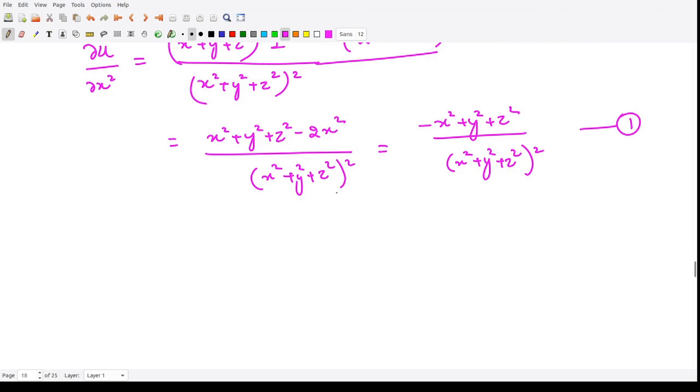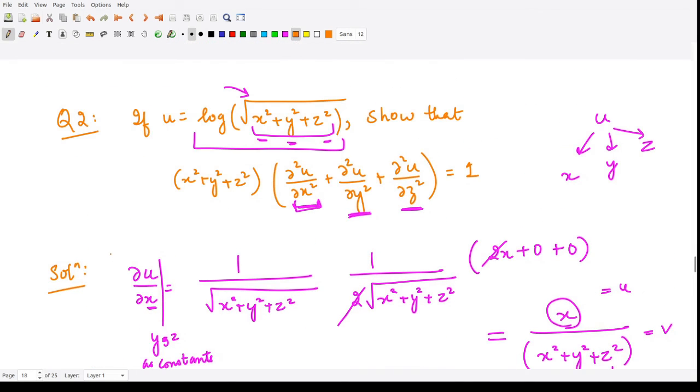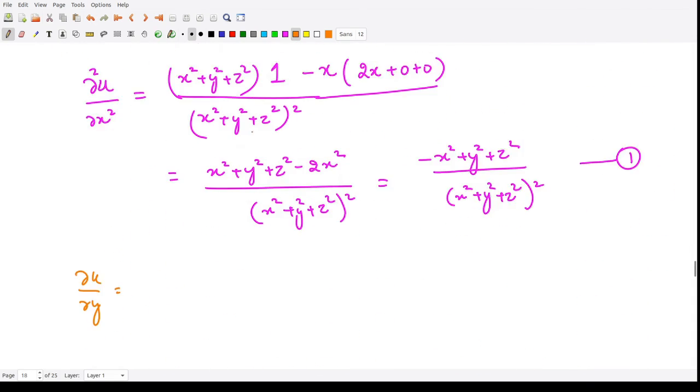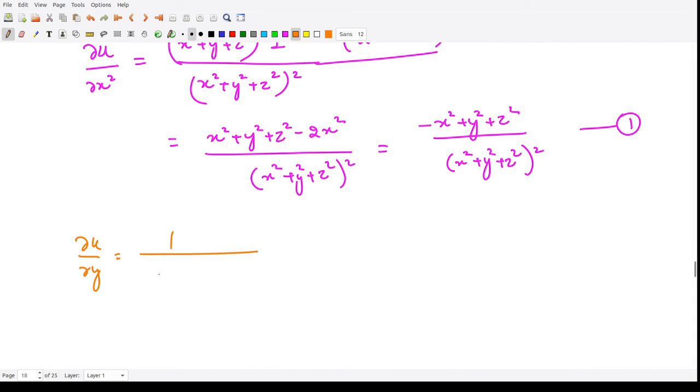Similarly we'll calculate the derivative of u with respect to y. What was u? U was log of square root of x square plus y square plus z square. So this term would be 1 divided by square root of x square plus y square plus z square, and then the derivative of this square root, so it would be 1 divided by 2 square root of x square plus y square plus z square, and then the derivative of this inner term.